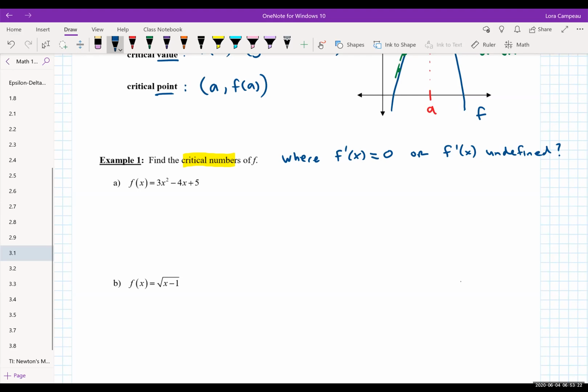This is a nice polynomial. So the derivative of f of x is 2 times 3, 6x, minus 4. And here's the new part. Remember when I was talking to you in chapter 2, I said it's really nice if you can clean up the derivative as much as you can, because sometimes you have to use it later?